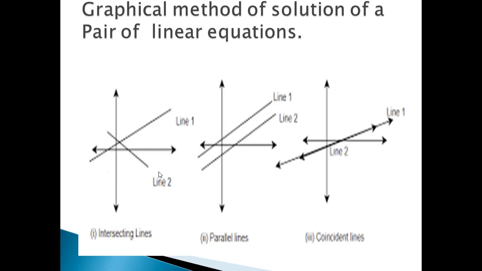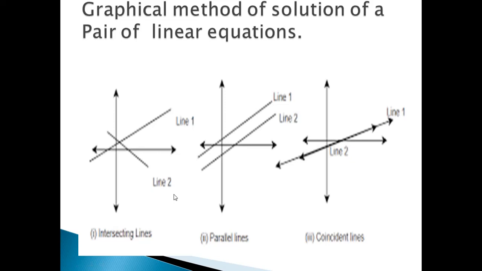So first, the two lines obtained by the two equations are intersecting each other. Intersecting means, if we solve the equations, we are getting two real numbers. That means we are getting a unique solution.